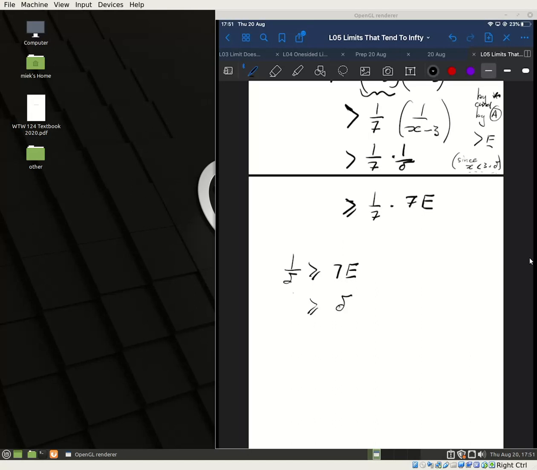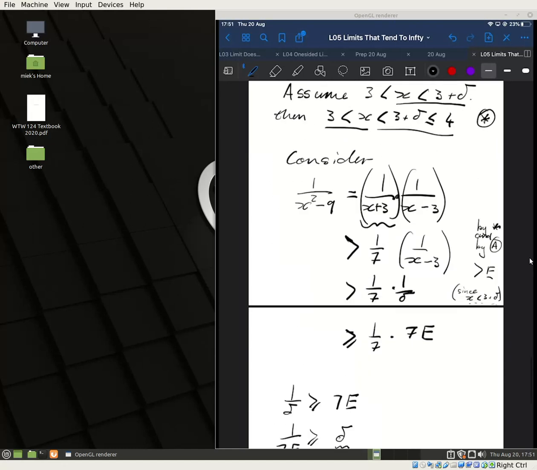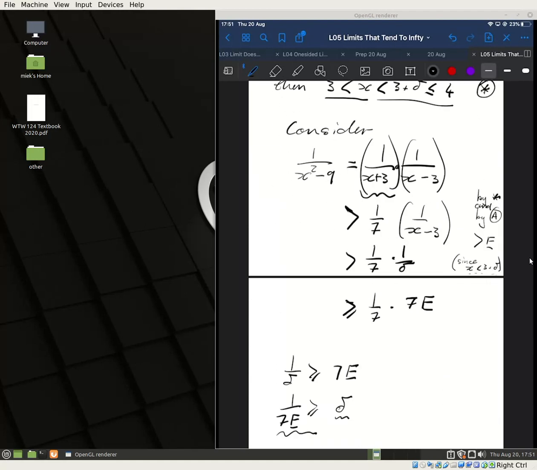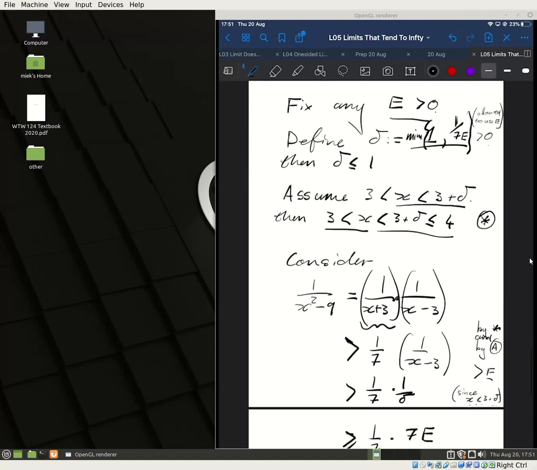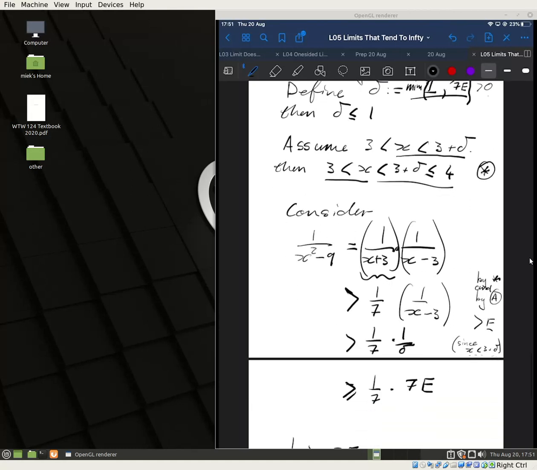Let's divide by 7e. So we want delta to be smaller than 1 over 7e. So if we bake in a 1 over 7e, we need our delta to be smaller than 1 over 7e, so we take the minimum of 1 and 1 over 7e.